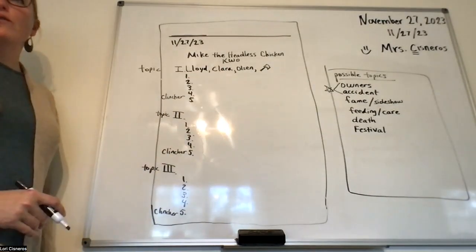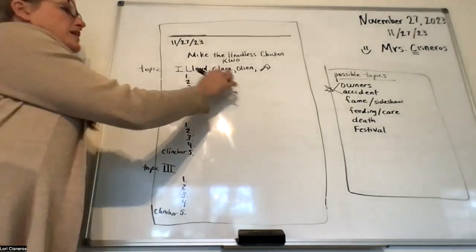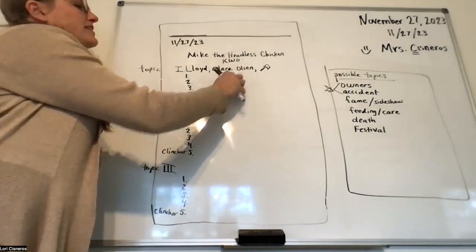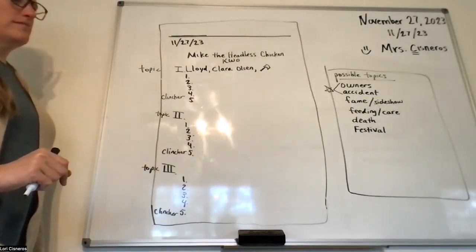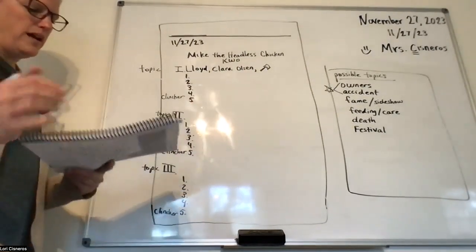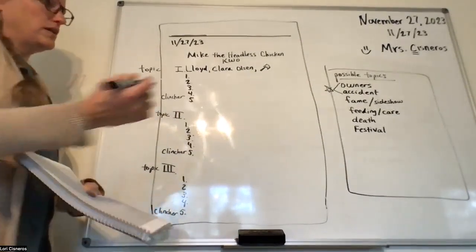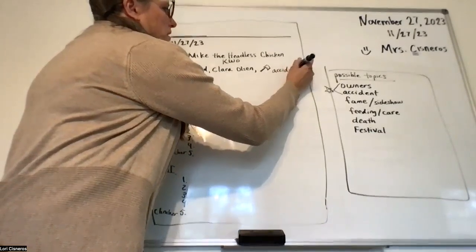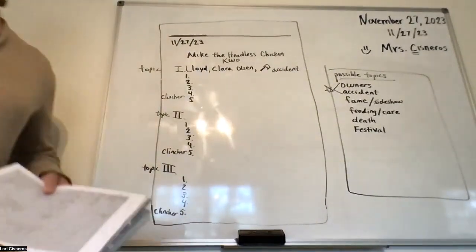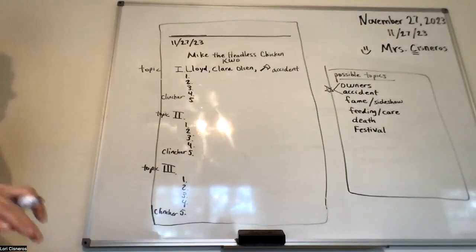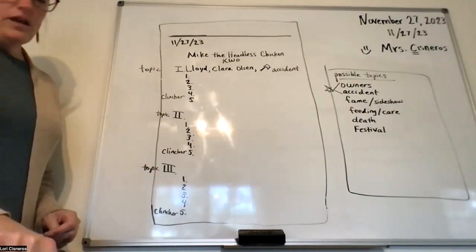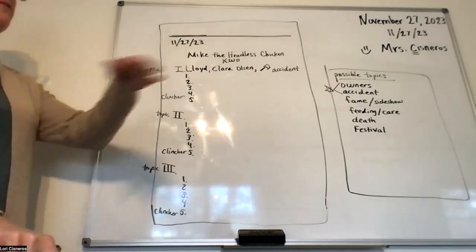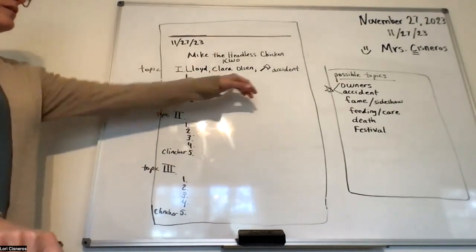Normally it does, but I have both names on there. We could do Lloyd and then Clara, and then write out accident. I guess we could add that word. Or near. Or a miracle. It turned out to be a miracle, right? Accident / miracle.